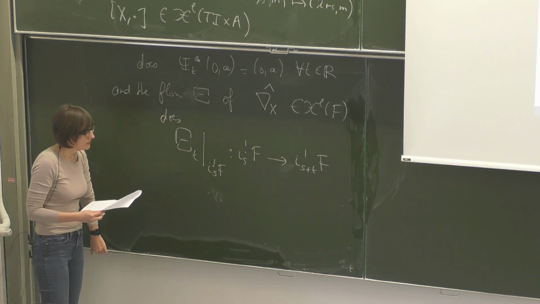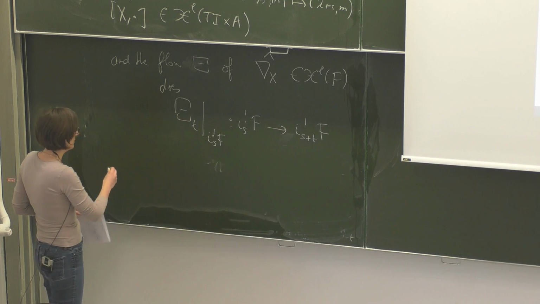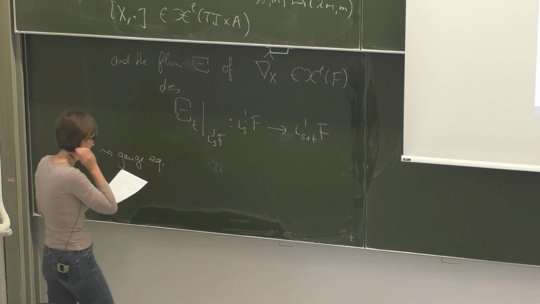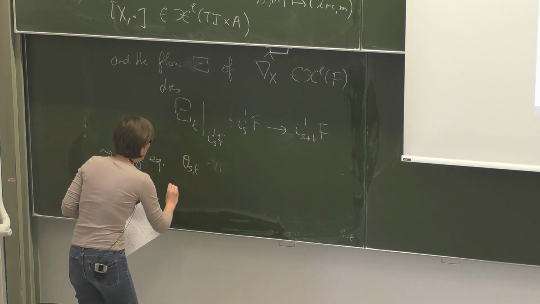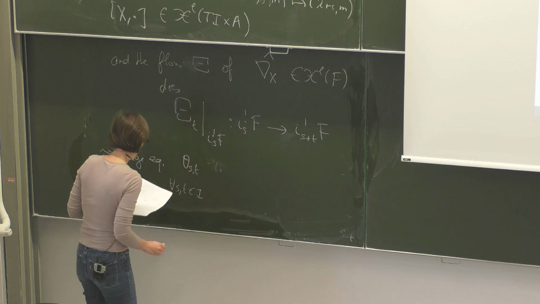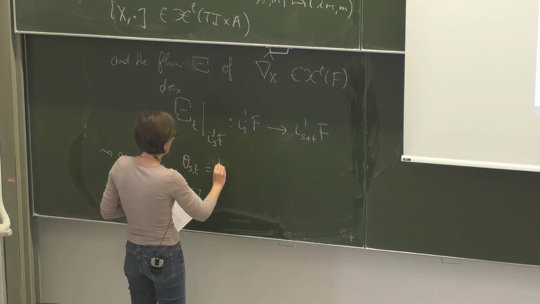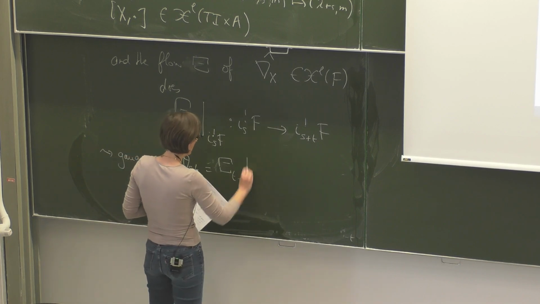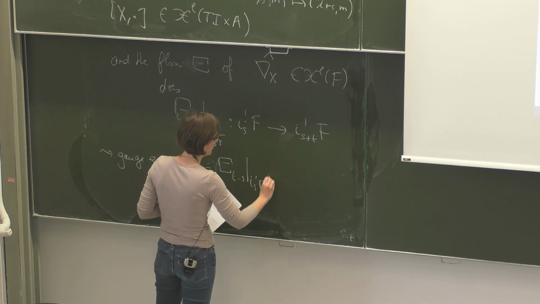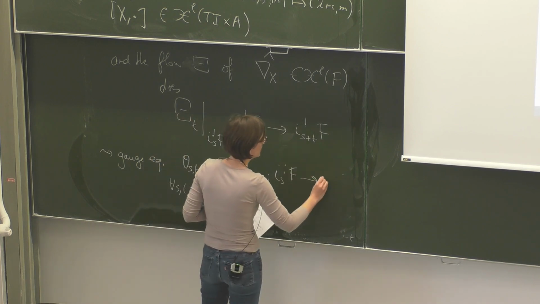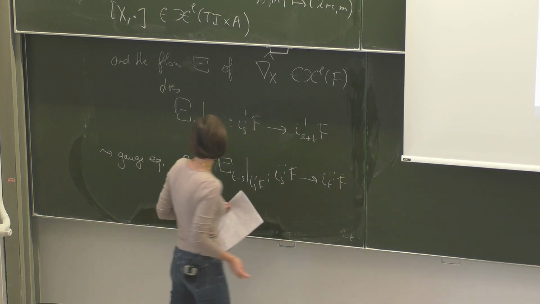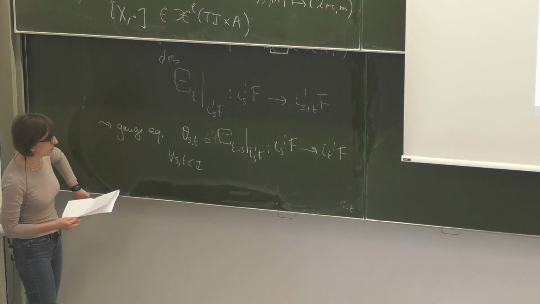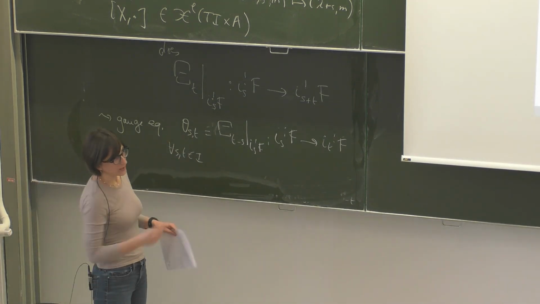So you're going to get, in this way, your gauge equivalences, which we're going to call theta st for all s, t in I. It's going to be psi minus s restricted to i_s pullback F, to i_t pullback F, and then a use of star over there.